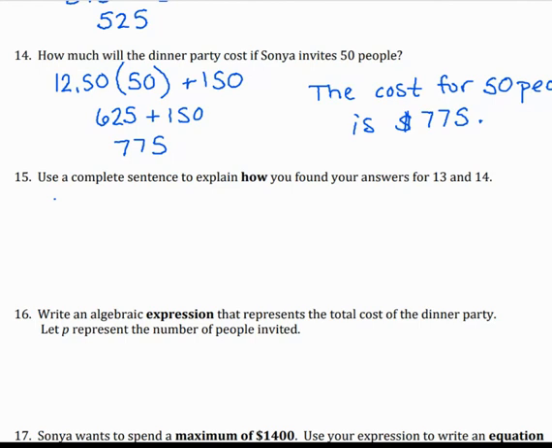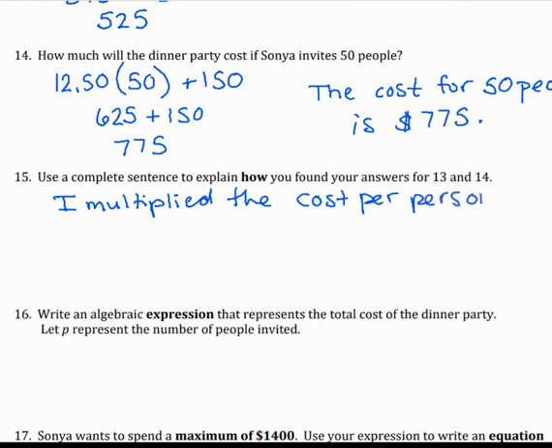All right. Does anyone want to share a sentence they had for 15? All right, I'll share it. But remember, you're going to have to do this on your own, on your homework and such. So check to see how yours came out. So what did we do? We multiplied the cost per person, right?